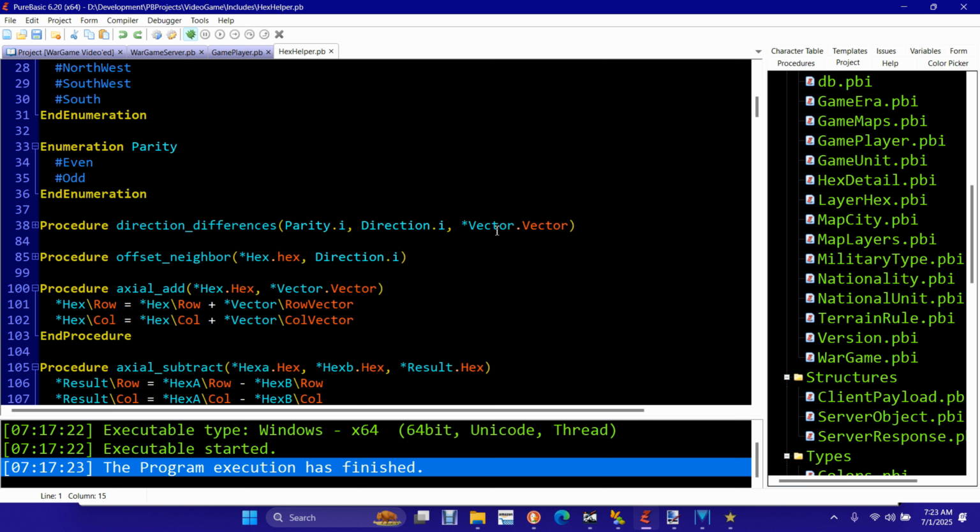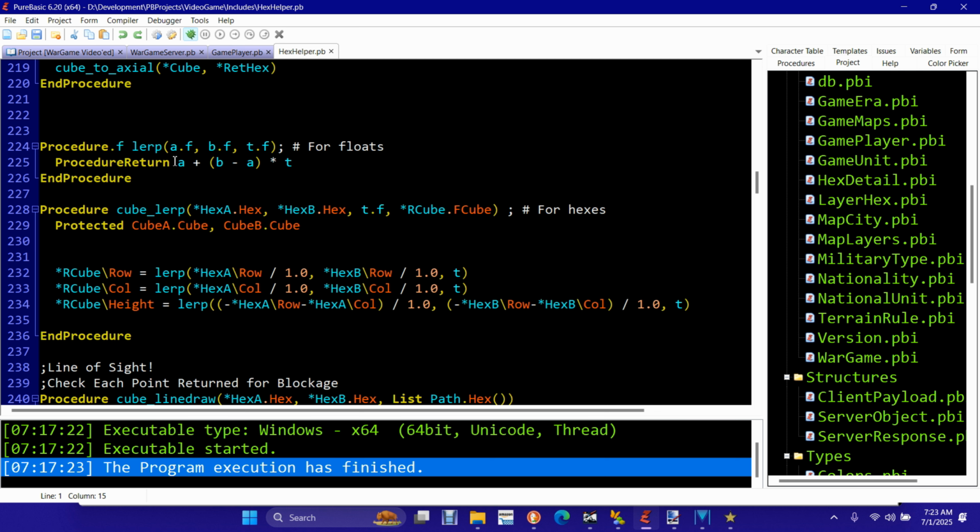To give you some of the examples, we have cube rounding, we have cube to axial, axial to cube. We have to convert with floats versus integers. That was fun. And then we end up down here with all of his lerps, and oh my God, it was quite a day yesterday.